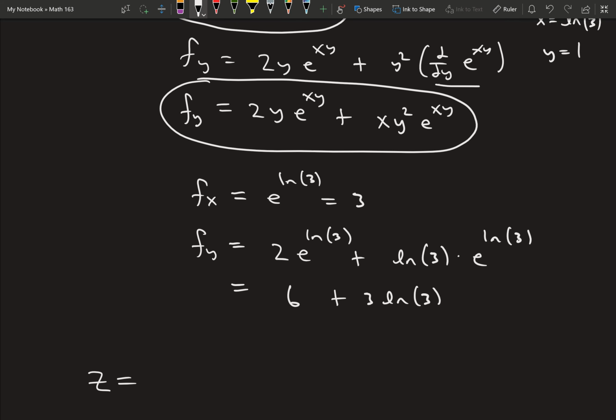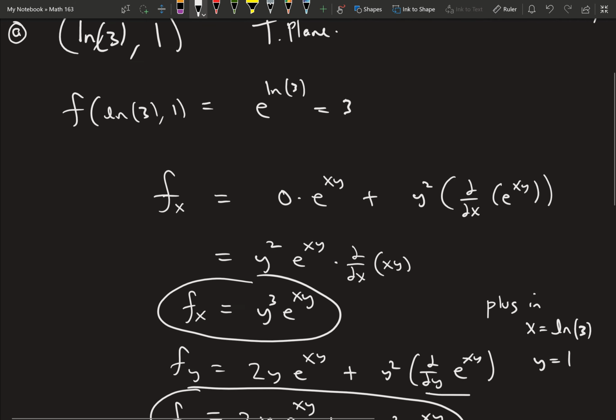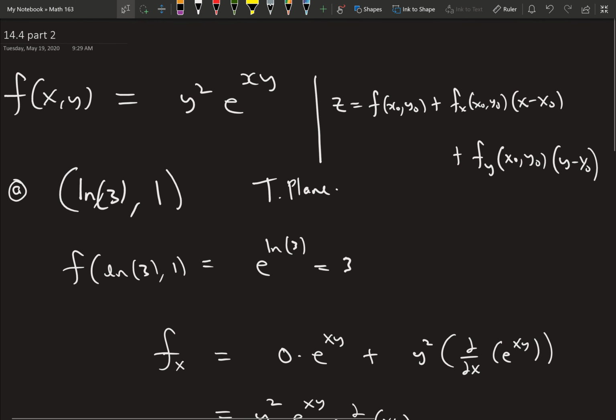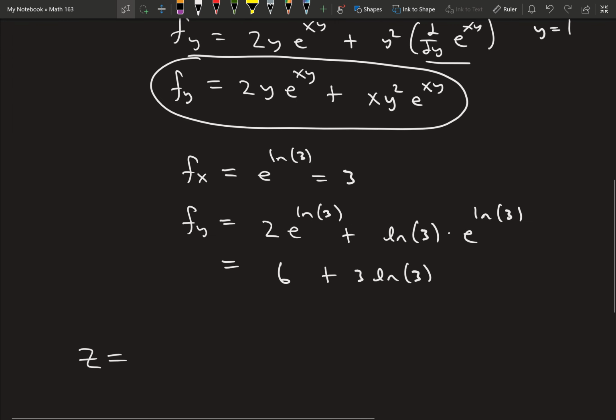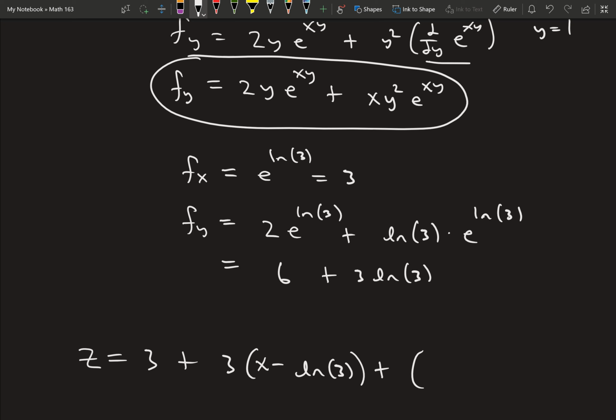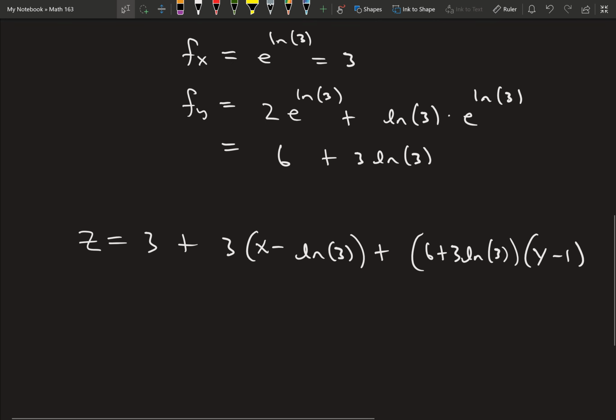So z is equal to, recall that f of ln of 3 comma 1 was 3, so we have z is equal to 3 plus 3 times x minus ln of 3, since x naught was ln of 3, plus fy, which is 6 plus 3 ln of 3, times y minus 1. And so we can simplify this a bit.